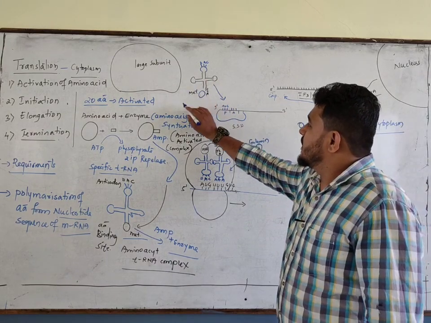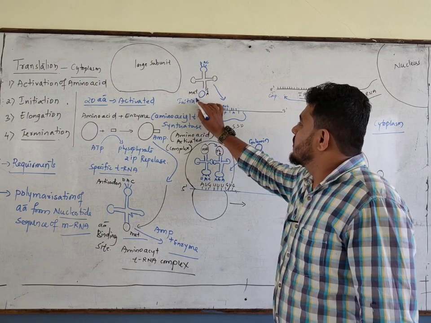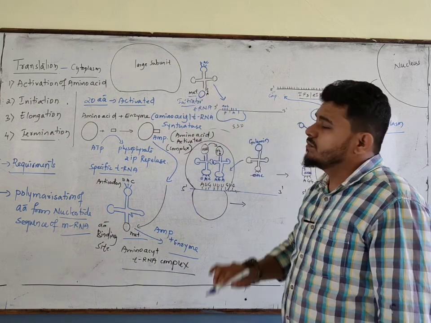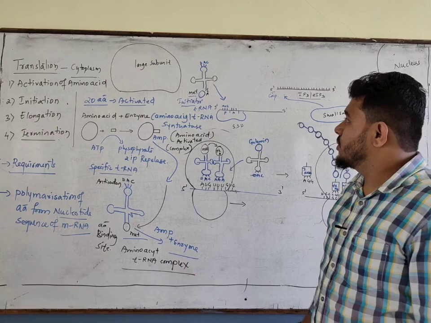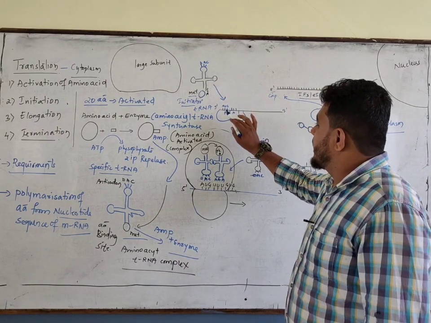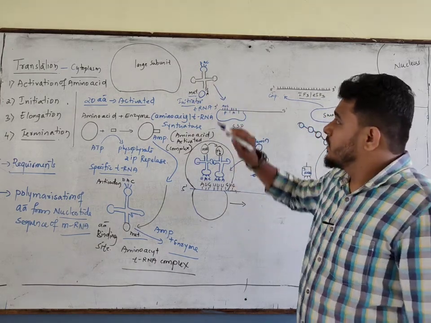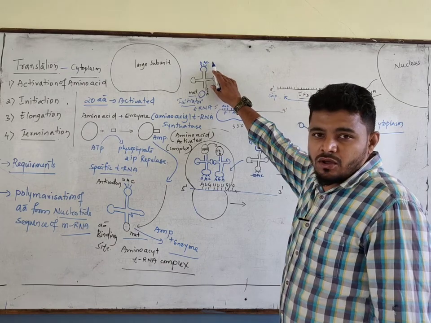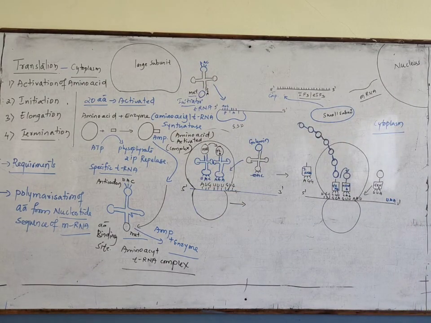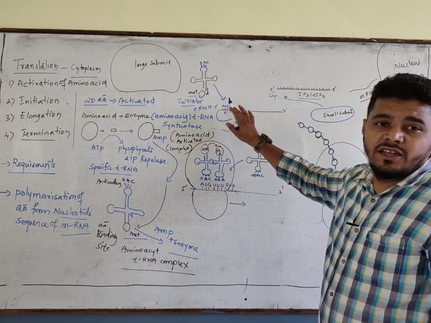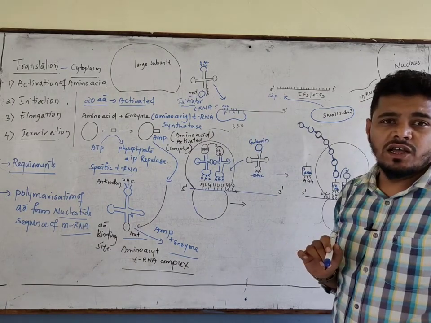Now the first initiator tRNA which contains methionine, the initiator codon, comes and attaches to the region where its codons are present. So UAC is an anticodon and AUG is a codon.